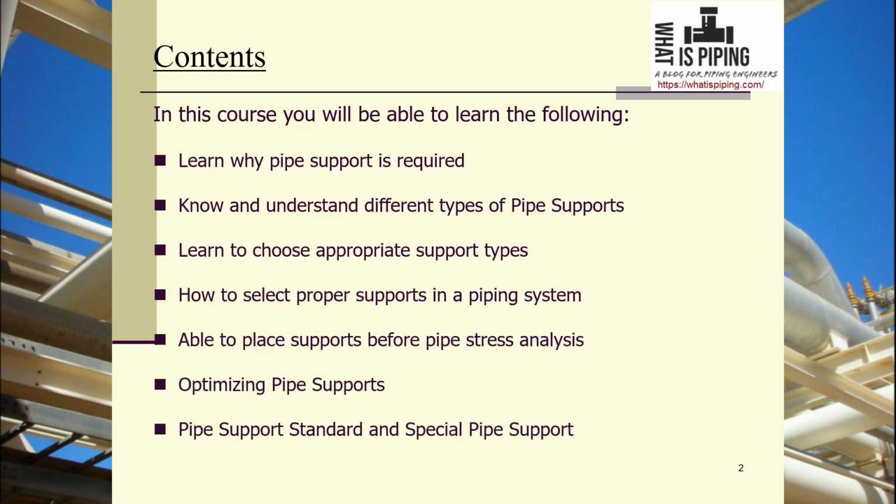The main points which will be covered in this course are, first, learn why pipe support is required. So whoever will be attending this course will be able to understand the significance of pipe supports, why pipe support is provided in a piping system, and what functions a piping support provides so that it becomes failure proof, or without damage performs its intended operation for a long period of time.